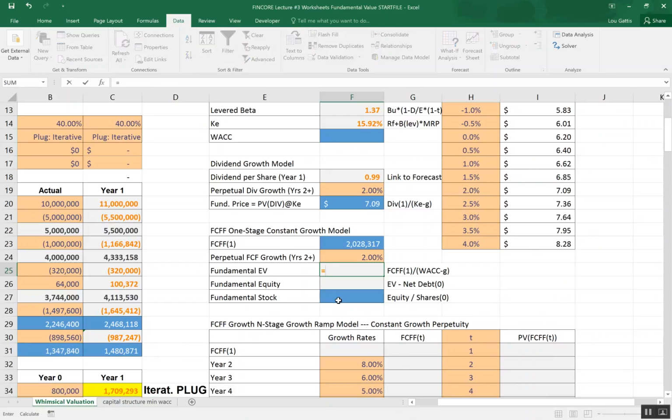Now I'm going to take the present value of a series that starts at 2.028 million and grows at 2% forever. The present value of that is that cash flow divided by the discount rate. Since these are total firm cash flows, that's what free cash flows of the firm are, I'm going to use a total firm WACC minus the growth rate. So what we see now is we need to come up with a WACC.